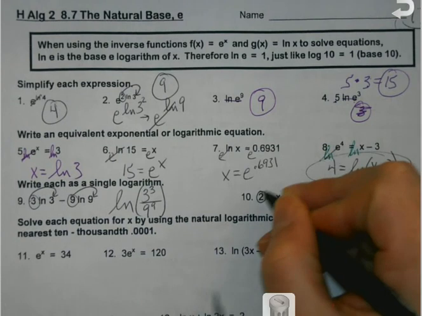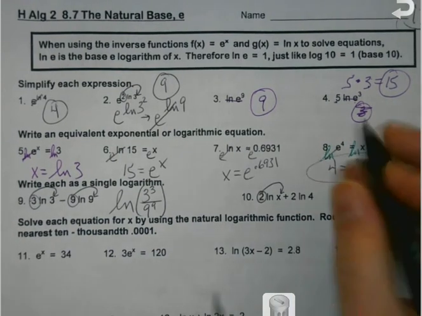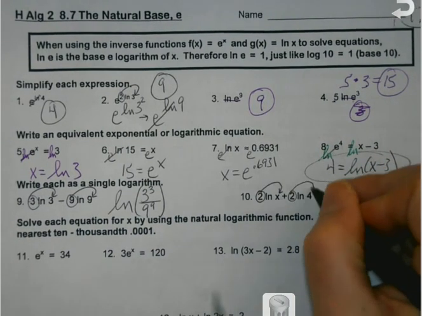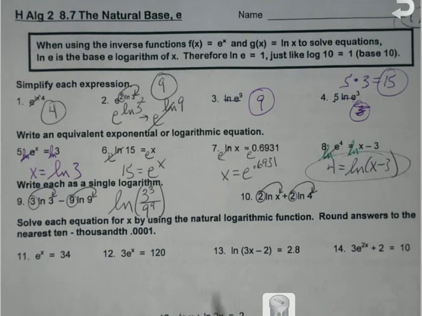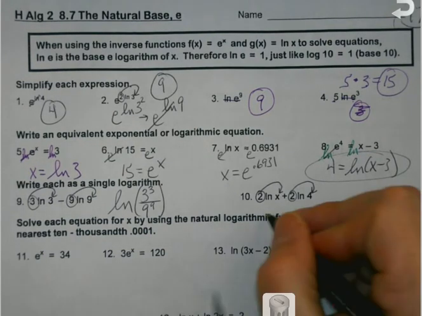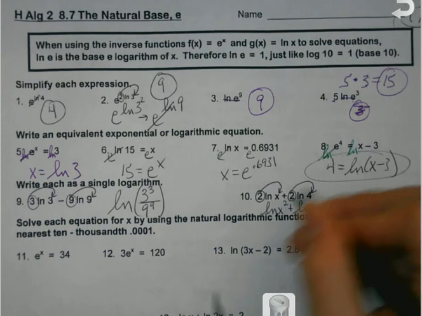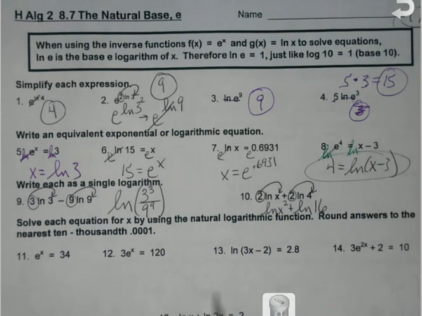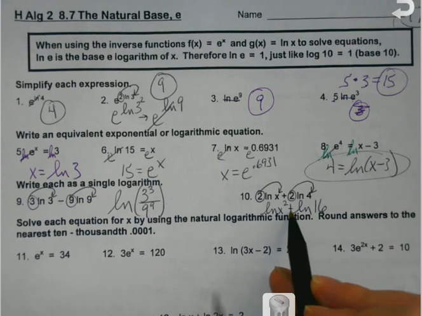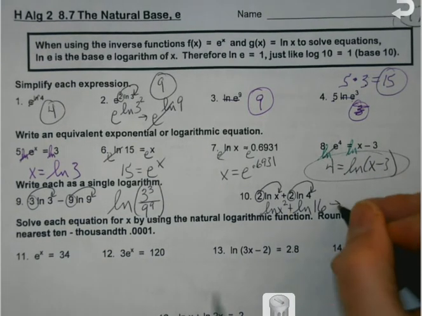Again, coefficients become exponents. So I got the natural log of x squared plus the natural log of 4 squared, which is 16. And what does the plus become? Multiplication.